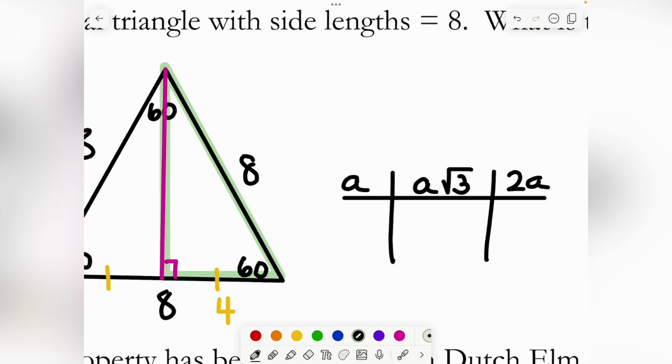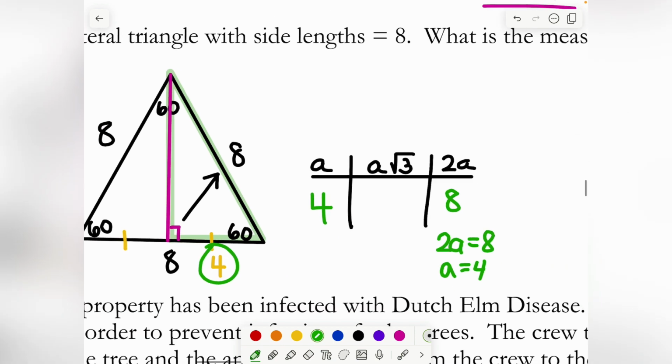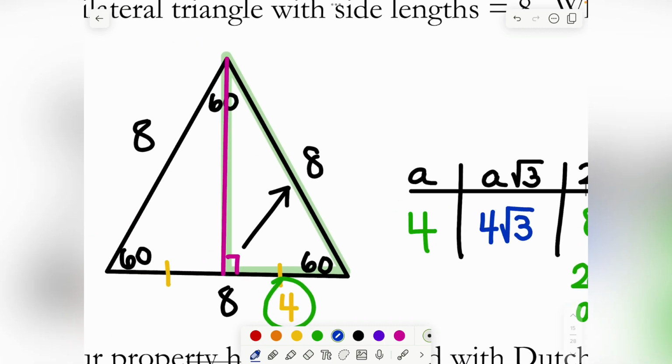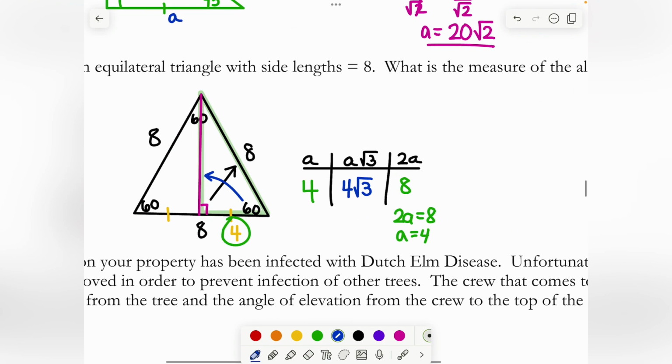Across from the 90 is your 2A. So that was 8. If I take 2A equal to 8 and divide by 2, I get A equals 4, which we also knew because the altitude cuts that bottom piece in half for an equilateral triangle. This also means that A root 3 is 4 root 3. So the altitude is across from the 60, and it's 4 root 3.